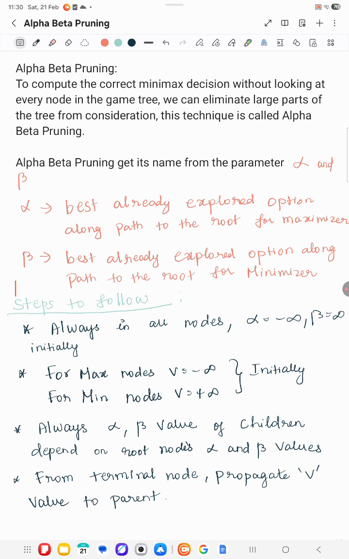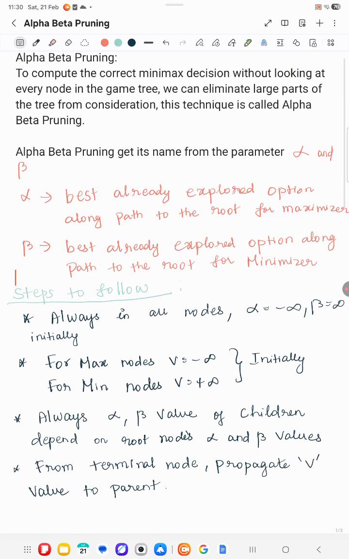In the minimax algorithm, all the nodes will be visited irrespective of the value, whether it updates the max node value or the min node value. It does not take into account which nodes it will be exploring.